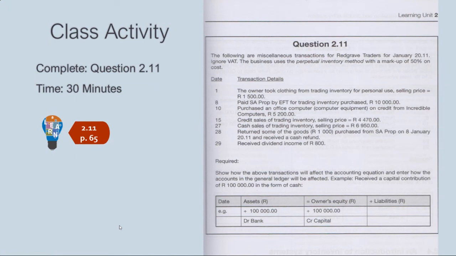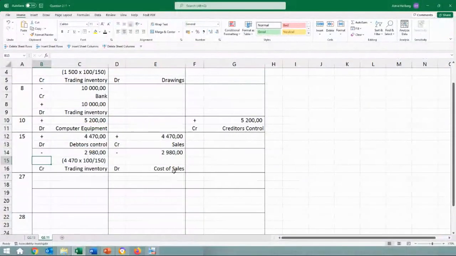So how will the cash sale differ from the credit one? I'm going to put it up on the screen, the one we just did. Now remember the new value is 6,950. Now if we look at the credit one, how am I going to amend it for the cash sale? What will change?